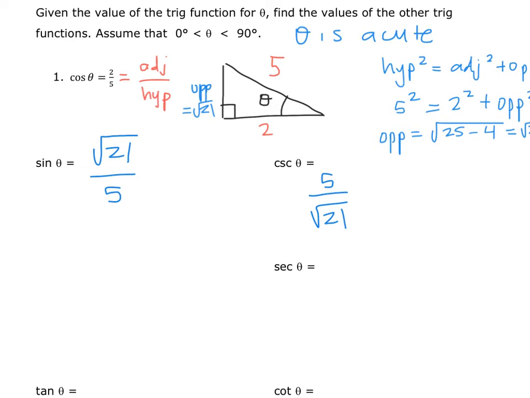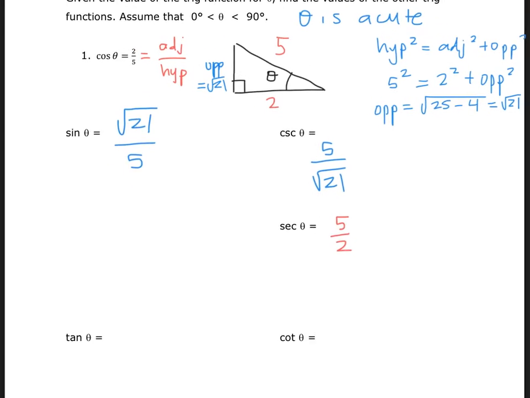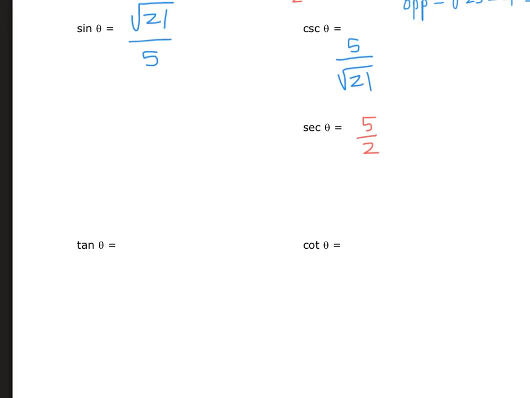If we want to calculate the secant, though, that's the reciprocal, and that's going to be 5/2. The tangent, opposite over adjacent, so that's square root 21 over the adjacent side of 2, and then the cotangent is the reciprocal, 2 over square root 21.